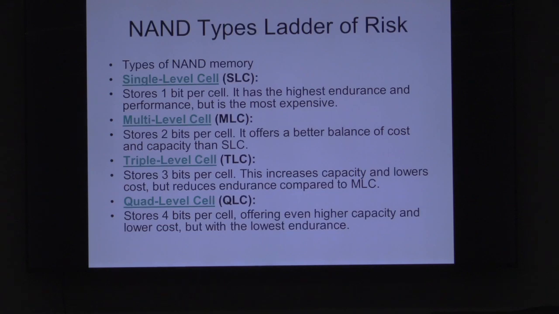So they started building what they call multi-cell NAND. And then somebody, under pressure from the market, who wants cheaper, figured out a way to put 3 bits in the cell. And eventually, somebody said, well, if we can make it work for 3, maybe we can make it work for 4.